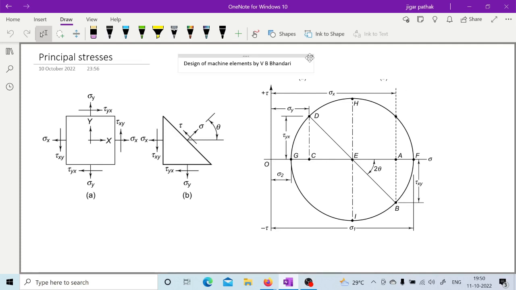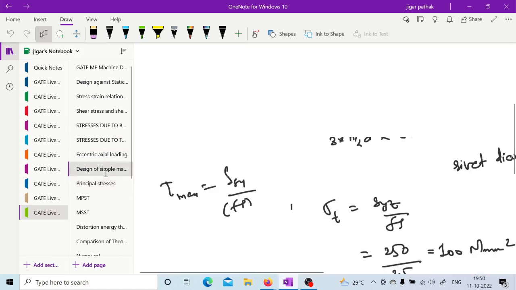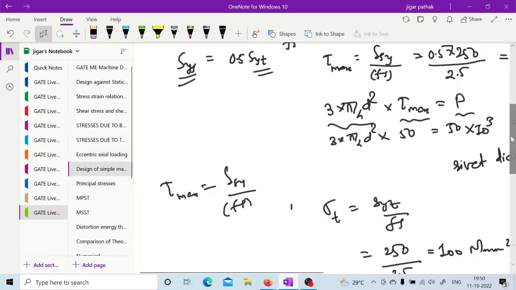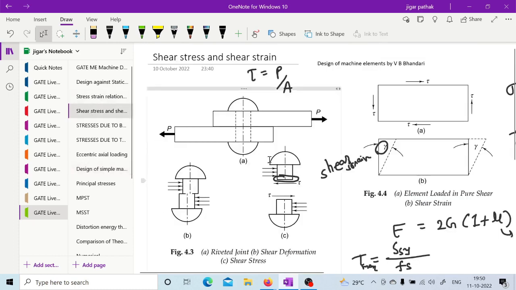See, actually, in case of that previous example, as I have told you, in case of rivet, there is shear stress acting. As you can see, in case of failure of this rivet, shear stress is responsible. So whenever you are designing these rivets, the shear stress you are going to consider.